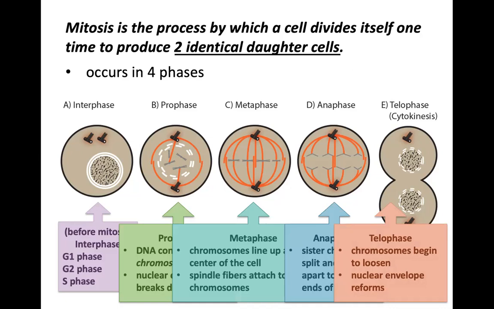So telophase starts to look a lot like interphase. But now you are going to end up with 2 new cells. So in telophase, the chromosomes begin to loosen and the nuclear envelopes reform. So you see that the cell is starting to split, it's starting to divide. Everybody sees that?